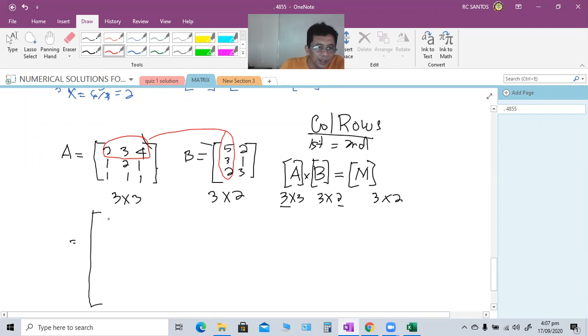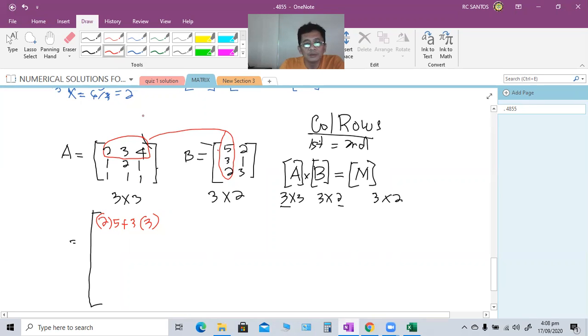So, the product now is, for the first element lang, 2 times 5 plus 3 times 3. Kita niyo, partner-partner siya. So, dapat conformable talaga yun. Kung ilang column dito, dapat yung rows niya. Kasi dapat may partner siya.